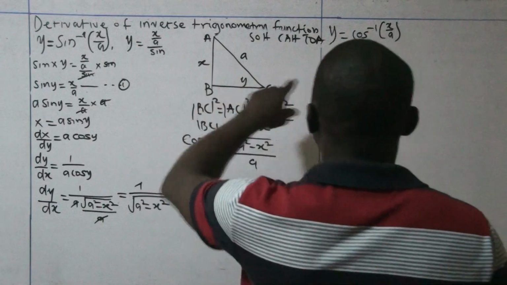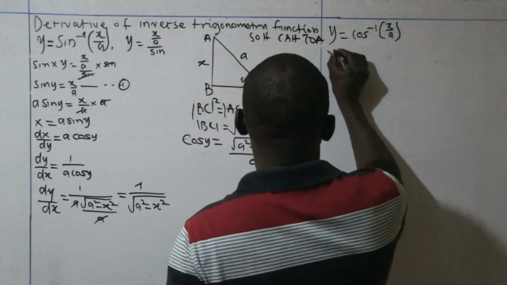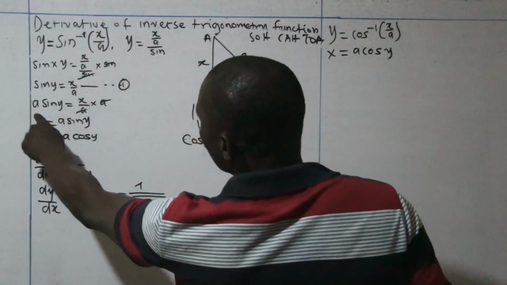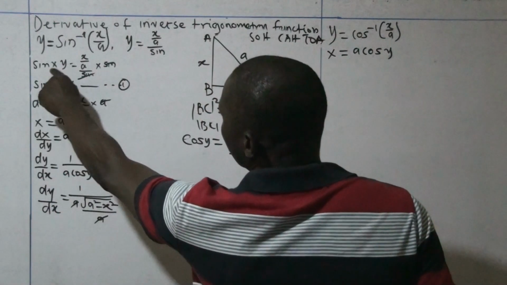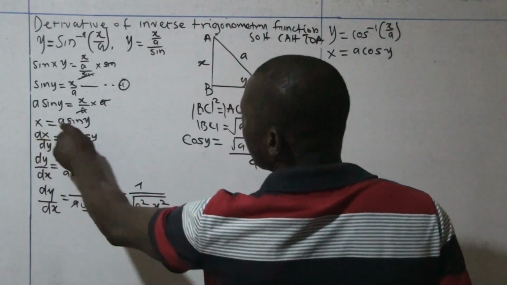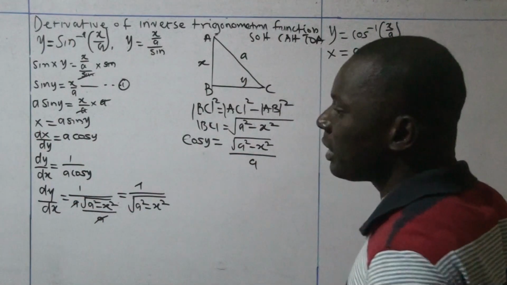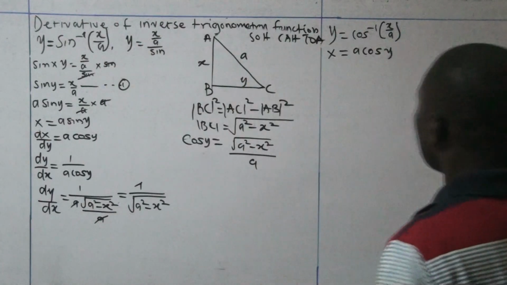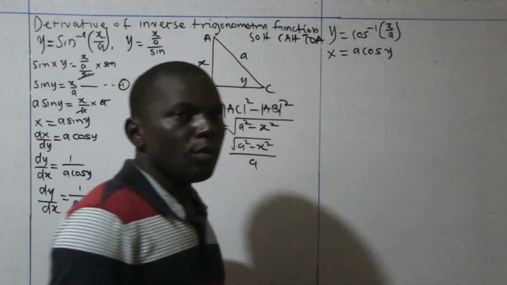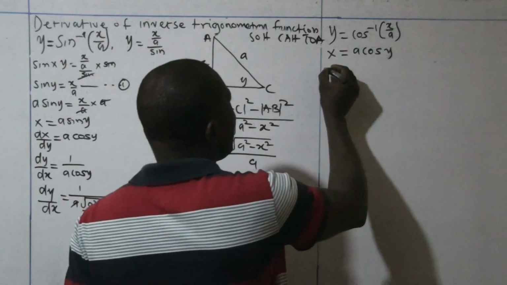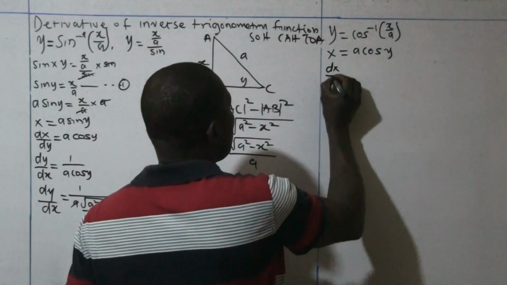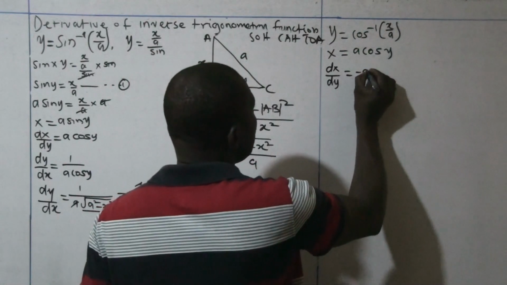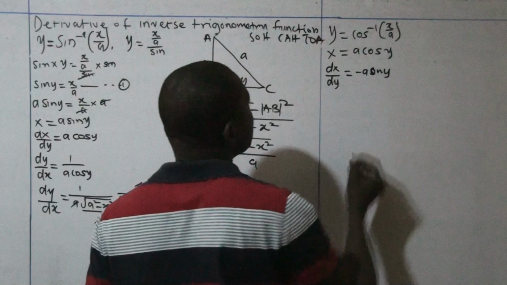If you recall, this expression can now be written as x equals a cos y, following the same procedure as x equals a sin y. From here, if we differentiate x with respect to y, cos gives us minus, so this is minus a sin y.